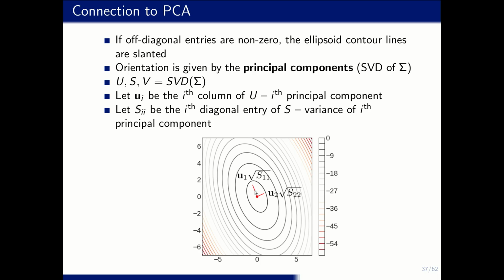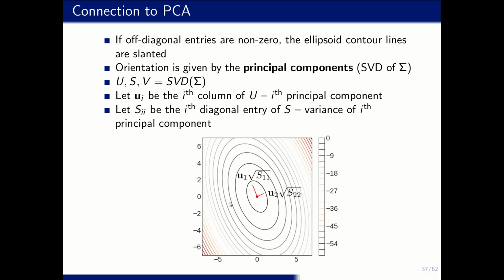So this red vector corresponds to the first principal component, and the second vector is the second biggest principal component, the square root of S22 times the principal component vector U2. So just by applying SVD, we can figure out the orientation of the ellipses of the Gaussian.